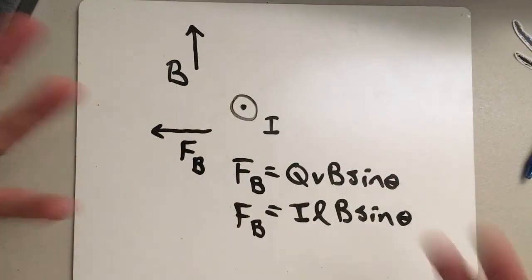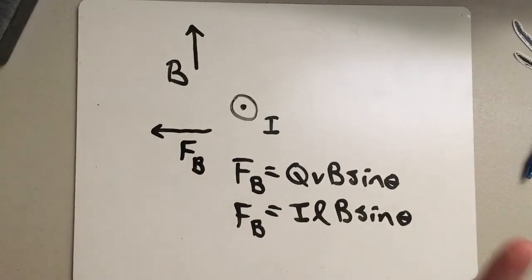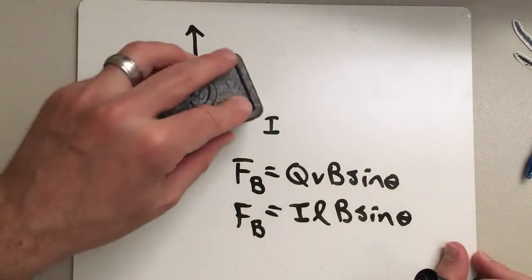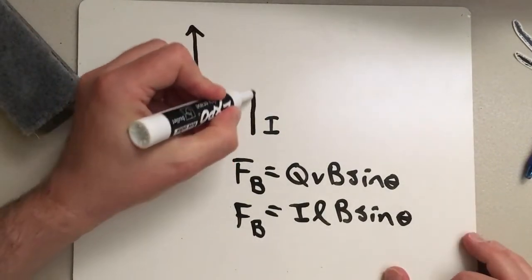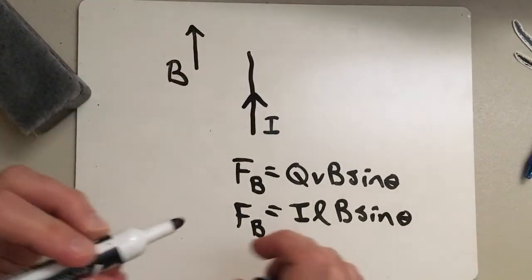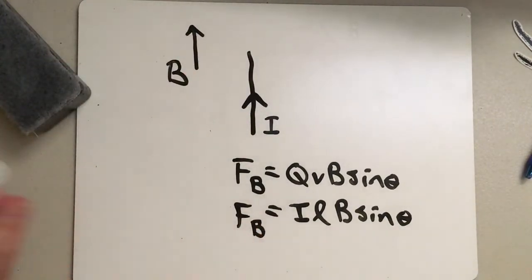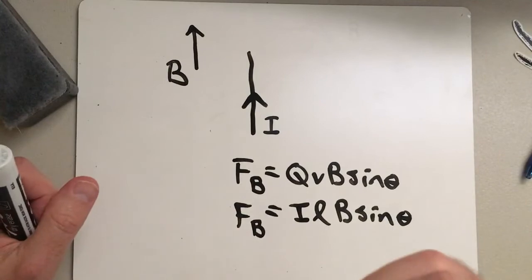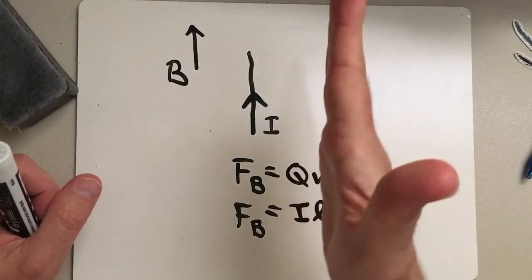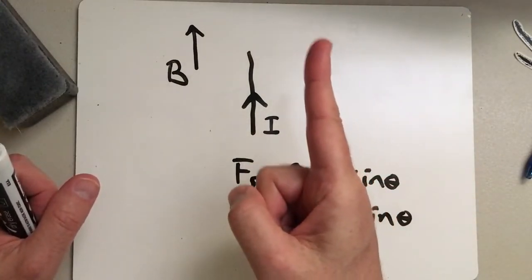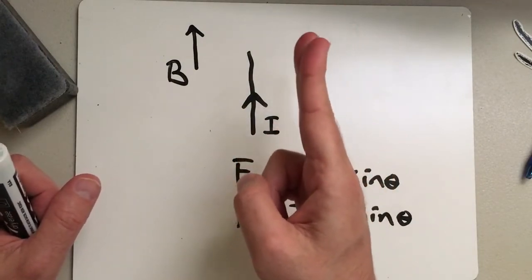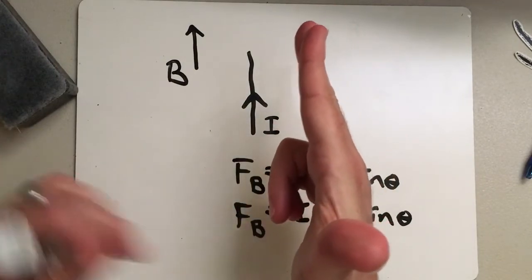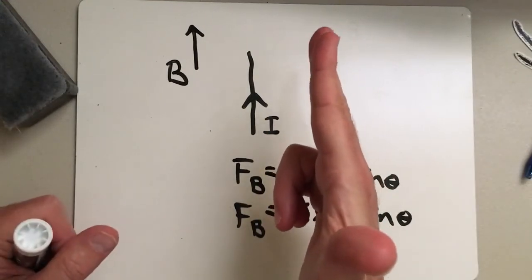Now, why am I mentioning all this? Because when you're doing the right-hand rule, for example, let me change this around. Let's say instead my current was going up. Okay, that's the direction of my current. All right, great. So I do the right-hand rule. You stick your index finger in the direction of the current, then the middle finger's in the direction of the magnetic field, thumb sticks out, and it looks like the force is up.